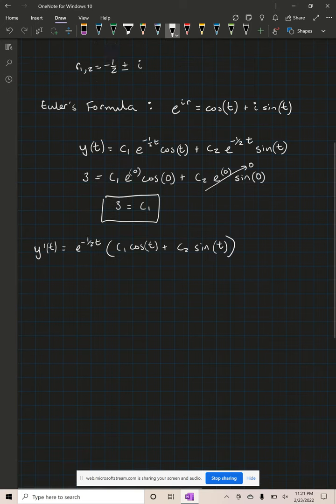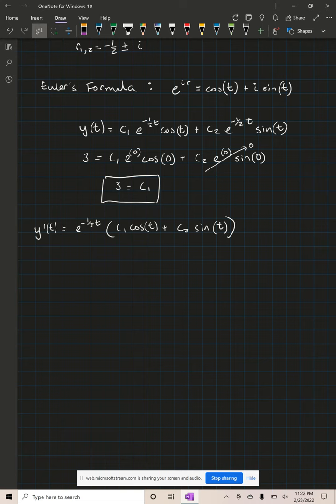And so now we have two expressions, the same variable multiplying each other. So we're going to use the product rule and ultimately the chain rule to do this.